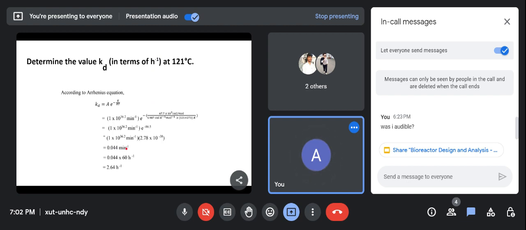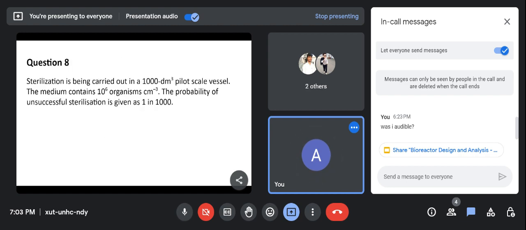Since there are 60 minutes in an hour, and you are converting from per minute to per hour, you multiply it by 60. You get a value of 2.64 per hour. So let's move on to the next question in case you don't have a doubt.